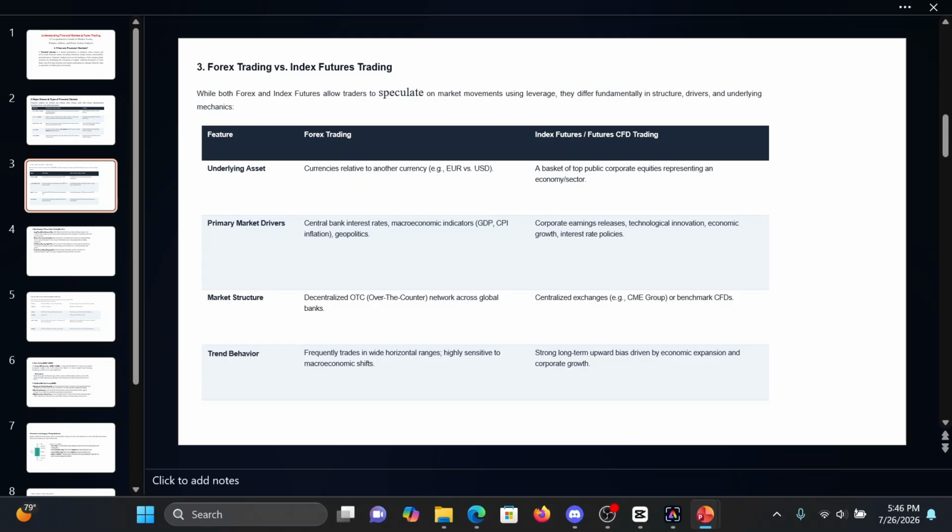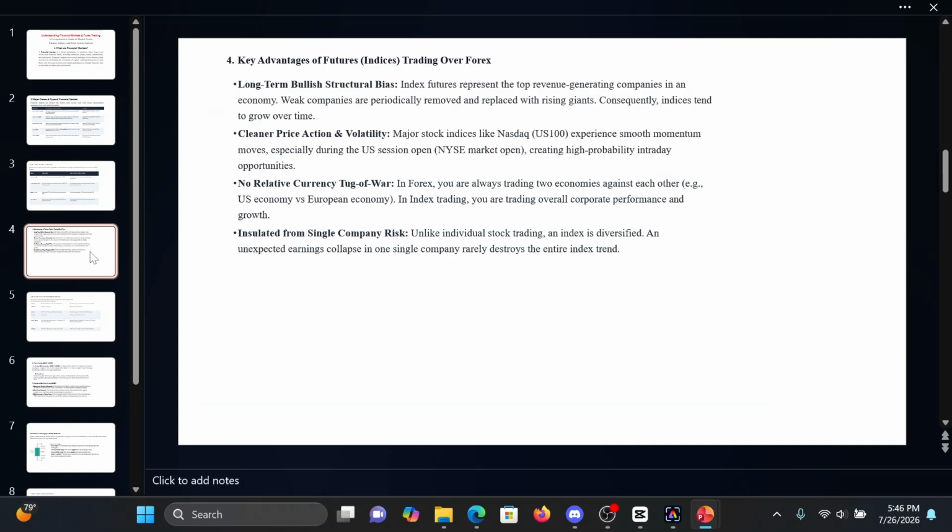However, for the futures or the index, you find there is a stronger long-term upward trend bias driven by economic expansion and corporate growth. If you look at the chart of NASDAQ or the US30 or the S&P 500, you find that it's more of an uptrend because, like I told you, the companies want to keep on making profits and other things.